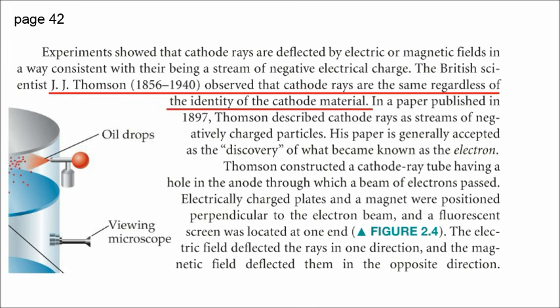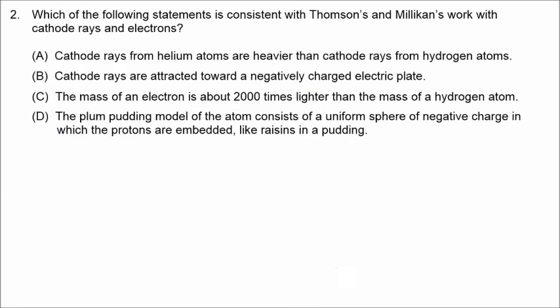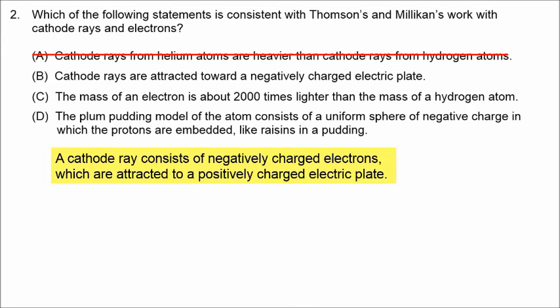So it doesn't matter whether the cathode ray comes from hydrogen or helium, it's still going to have the same properties. As far as the second choice, are cathode rays attracted toward a negatively charged plate? No, that's incorrect. Since a cathode ray consists of negatively charged electrons, it would be attracted toward a positive plate.